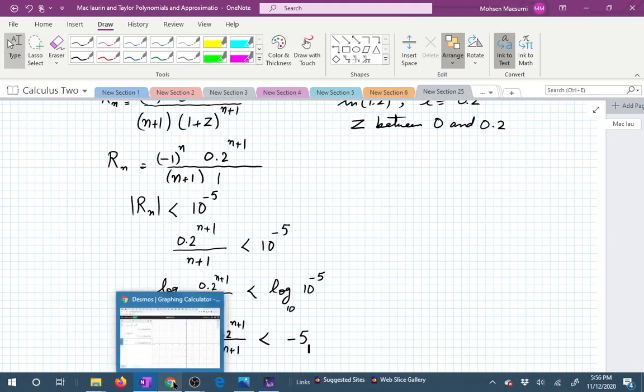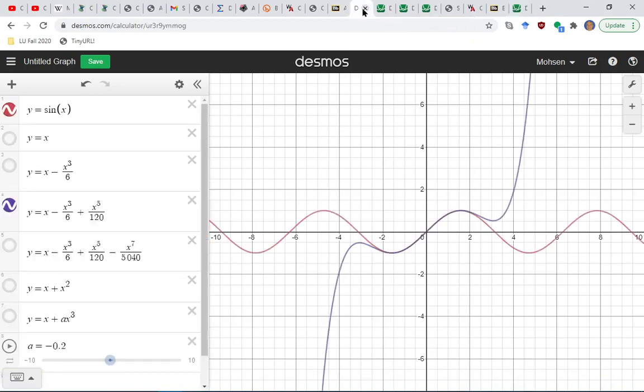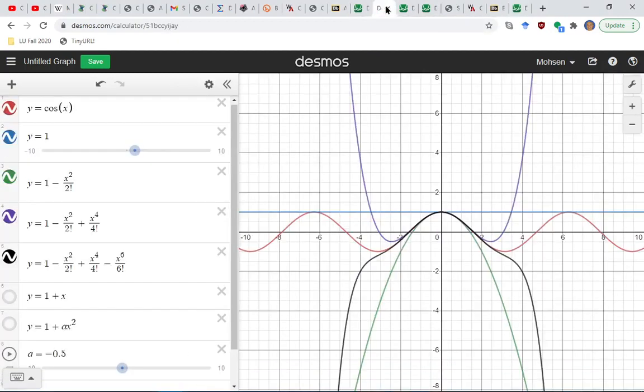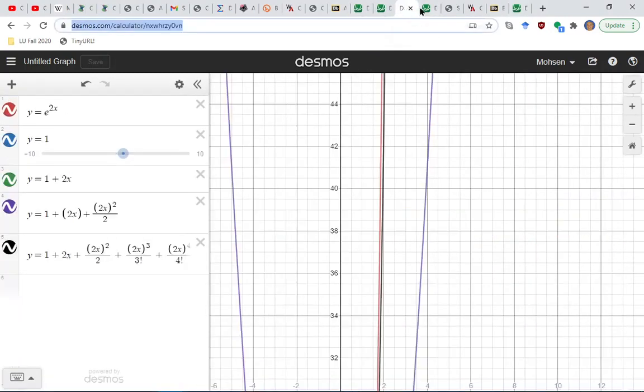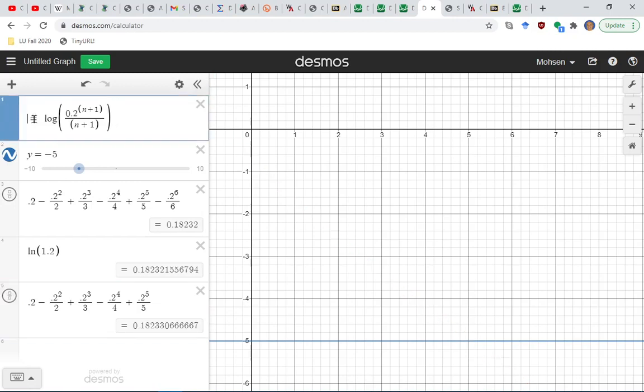So let's go back here. Which one of them was this? Let's see. So the remainder, well, this is a logarithm of remainder, so let me call it something else, maybe t or something.